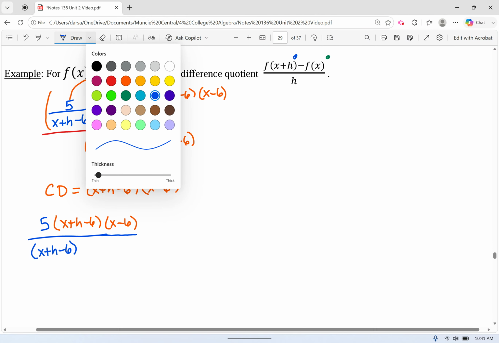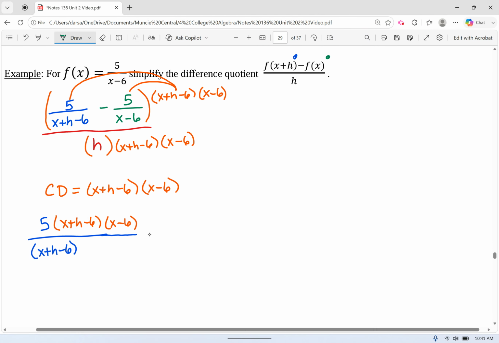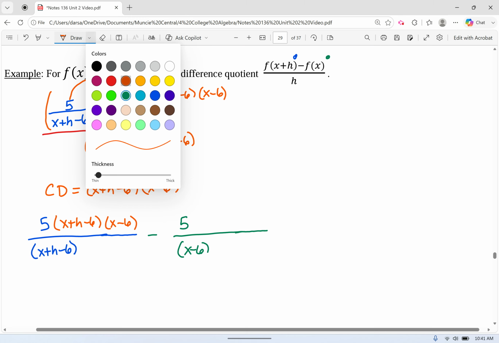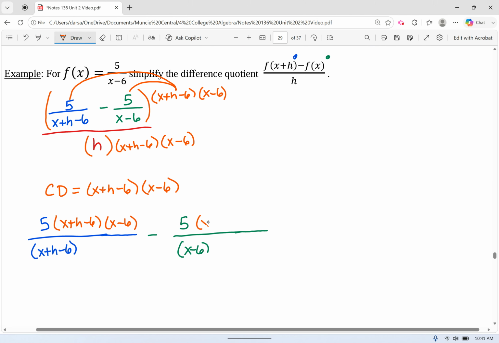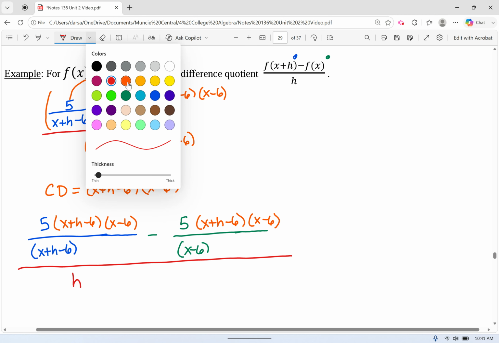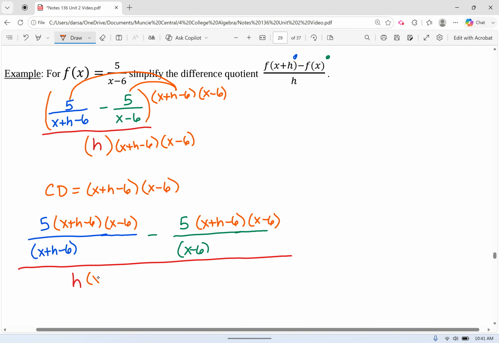And then we have the green 5 over x minus 6, and we have distributed to it the orange common denominator, x plus h minus 6 times x minus 6. And then don't forget this whole thing, that's the top of a big fraction where the bottom is h times again that common denominator, x plus h minus 6 times x minus 6.